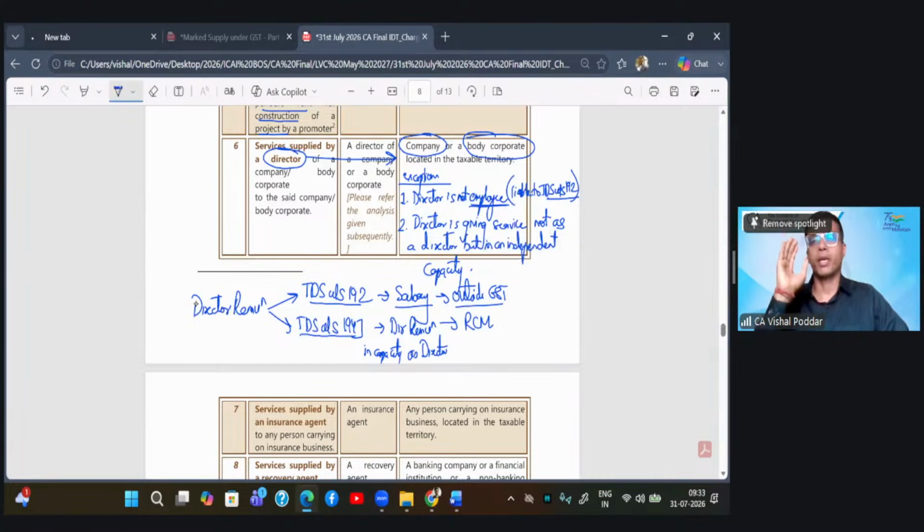Correct? I hope this is understood by you. Any further questions, students? Clear?